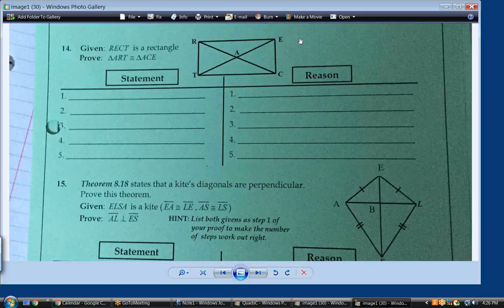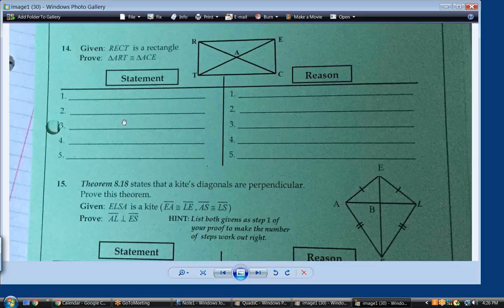These two lines are diagonals, which means they bisect one another. This line bisects RC, and RC bisects TE. The fact that they're bisecting means this line segment's equal to that line segment, and this line segment's equal to that line segment. So we've got side, side.